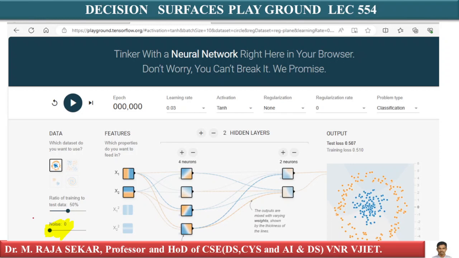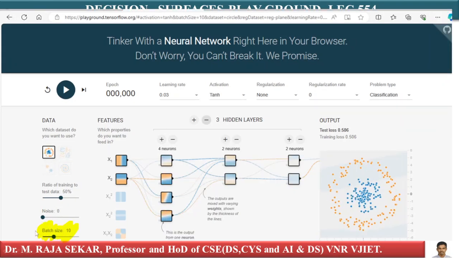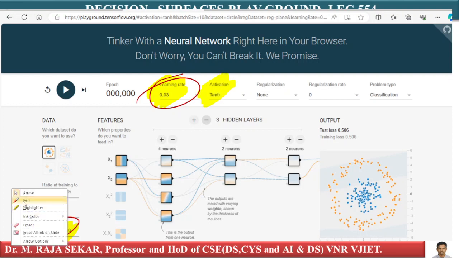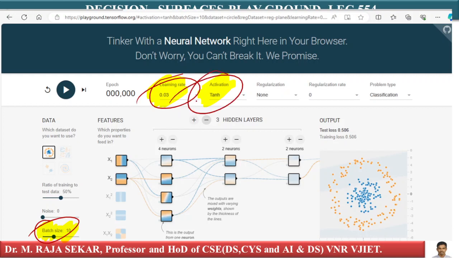I have a batch size of 10 points, and my learning rate is 0.03. The activation function is tanh, and there is no regularization, so the regularization rate is also 0.